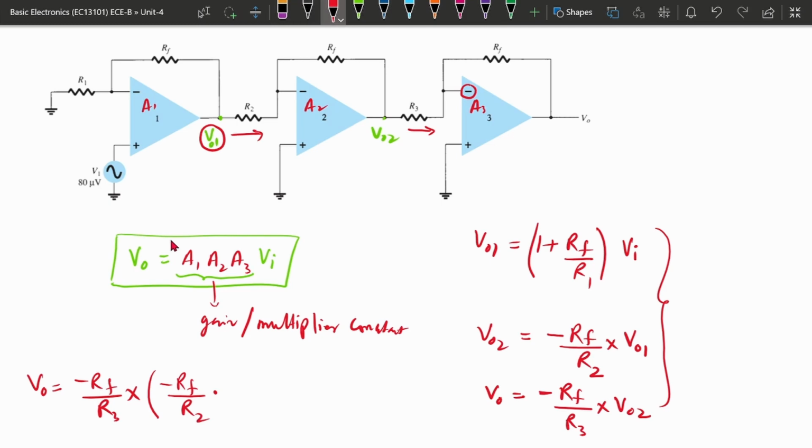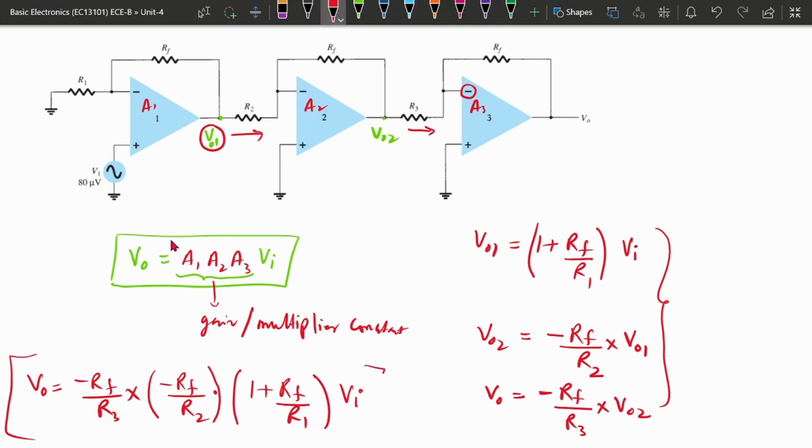And V01 is given by 1 plus Rf by R1 into V input.